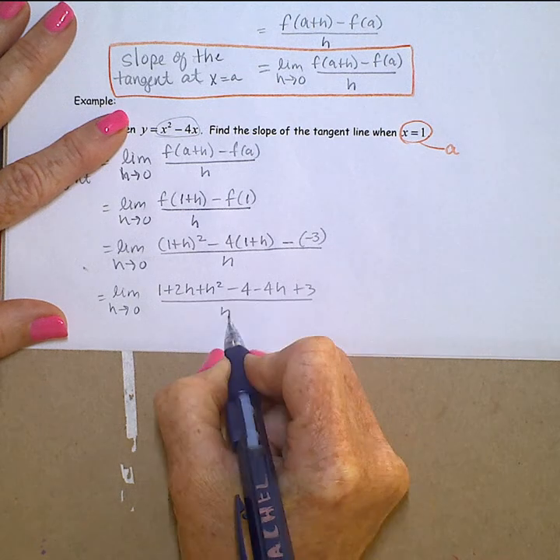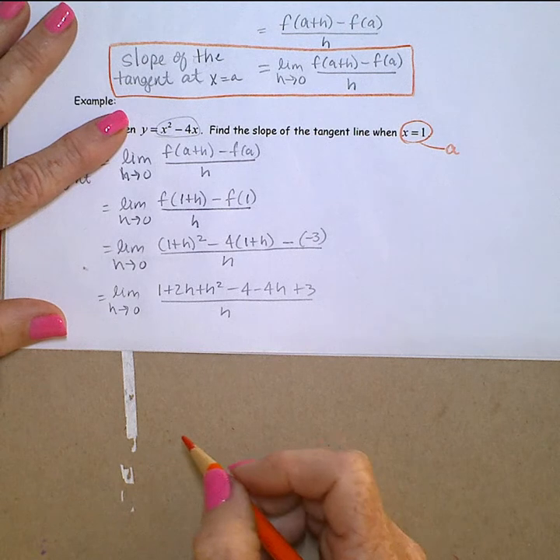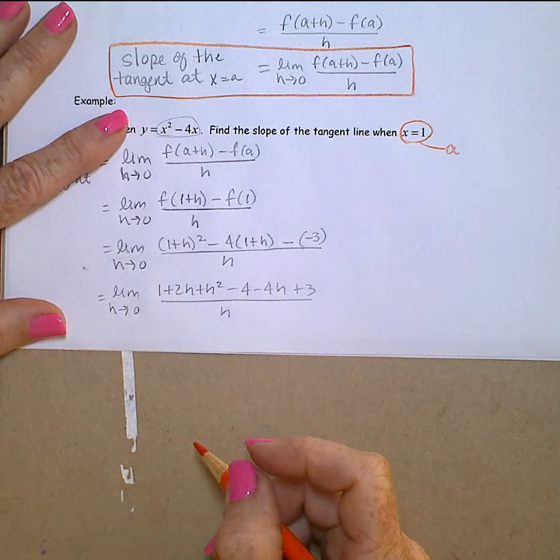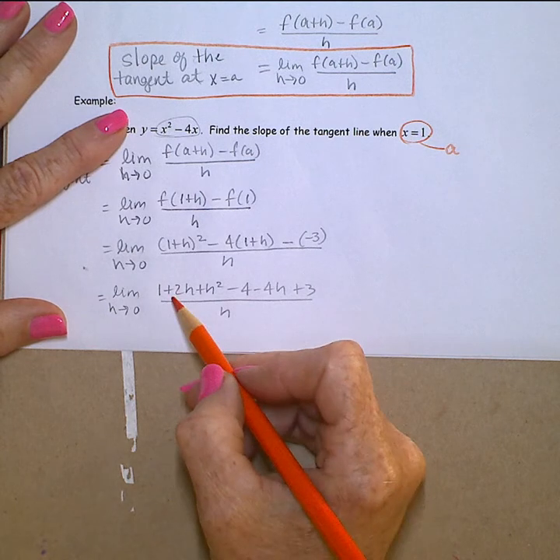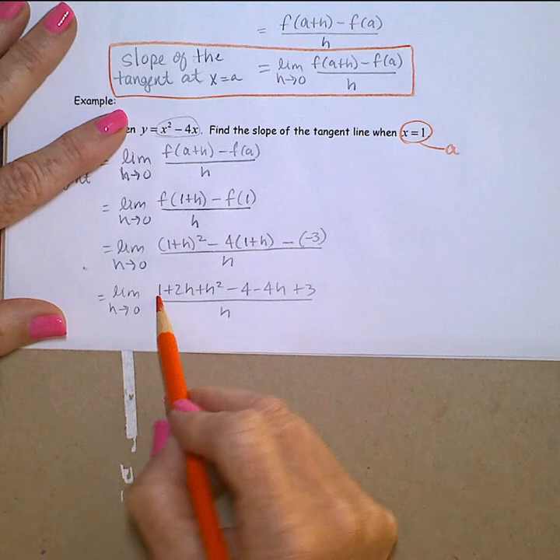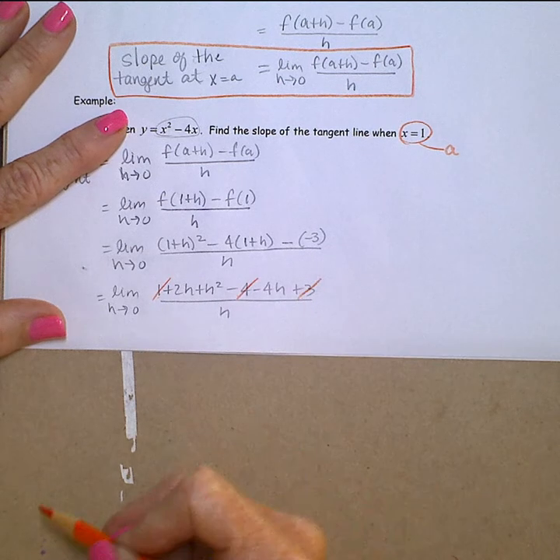All over h. Alright guys, what happens? Everything without an h drops, absolutely. There's 1, negative 4, and there's 3. Those subtract out to 0.